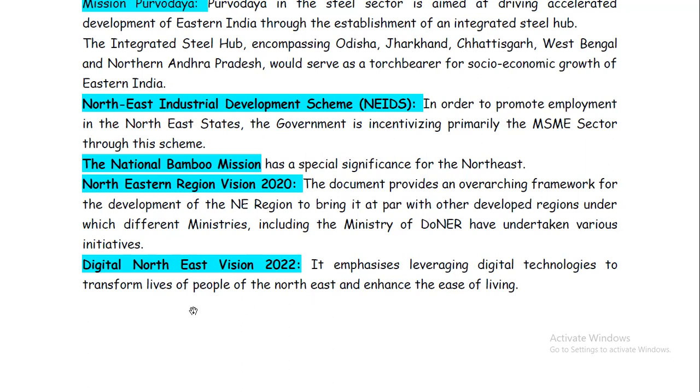So emerging technologies should be adopted to have proper growth in these sectors. One example of such an initiative is the e-cabinet system. In the Northeast, you can cite the example of Arunachal Pradesh and recently Tripura, who have already adopted the e-cabinet system. That is all part of the Digital India Mission, and specifically Digital Northeast Vision 2022.